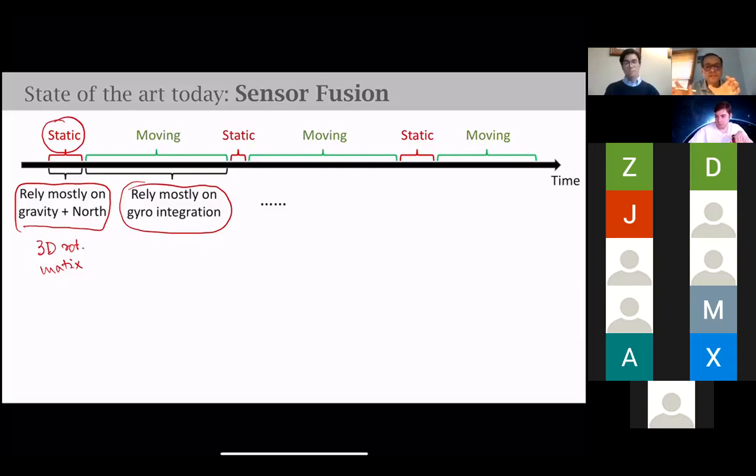Does that make sense? If I'm completely sure I'm static, I'm going to only use gravity and north. If I'm completely sure I'm moving, I'm going to only use gyroscope integration. These are the ways of using your belief as probabilities and accordingly doing your sensor fusion. One technique to do this is called a complementary filter.